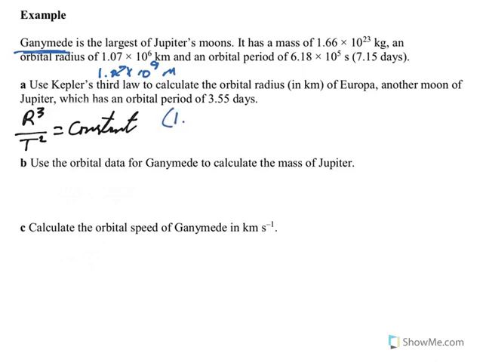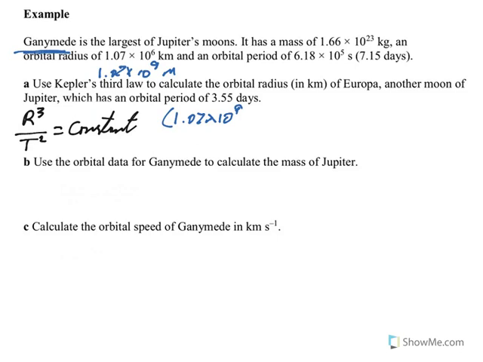So we got 1.07 by 10 to the 9 cubed over its period, which is 6.18 by 10 to the 5 in seconds. And then we want to know the orbital radius of Europa, and that's in the green, and here's its period.